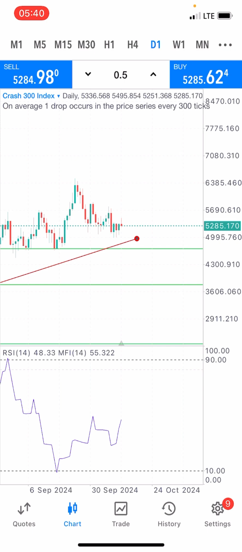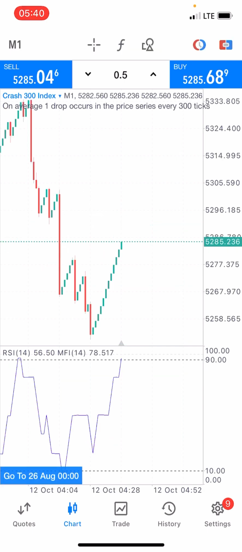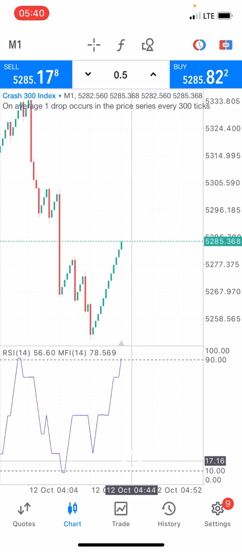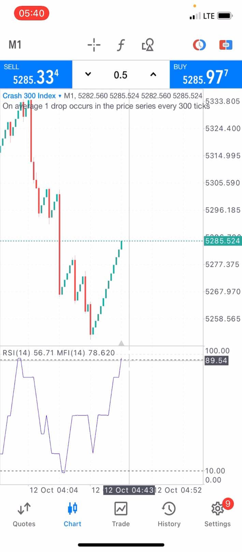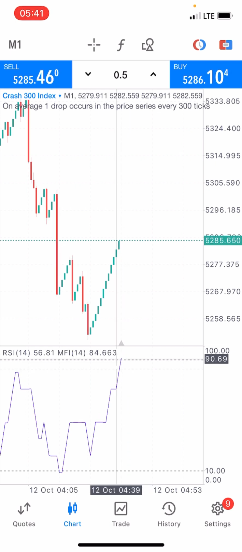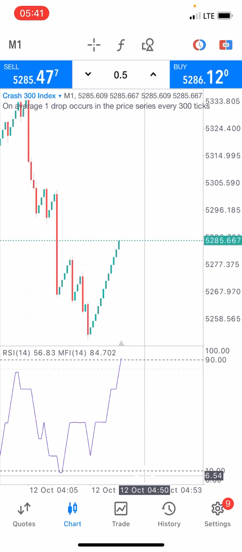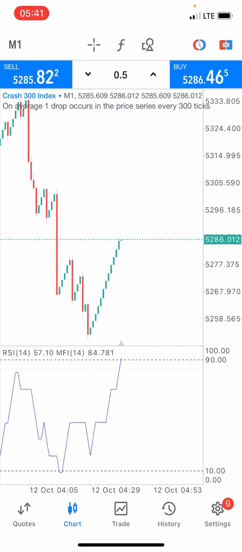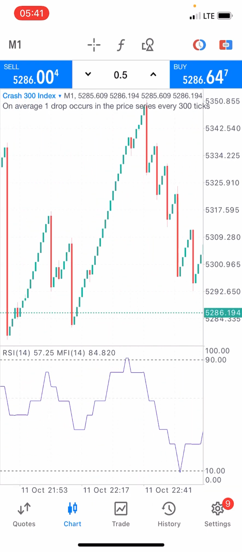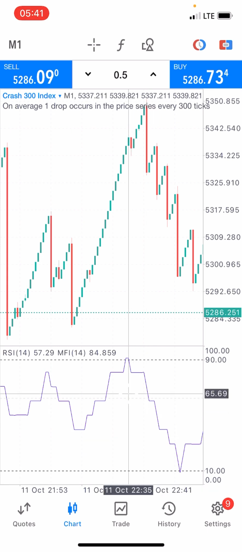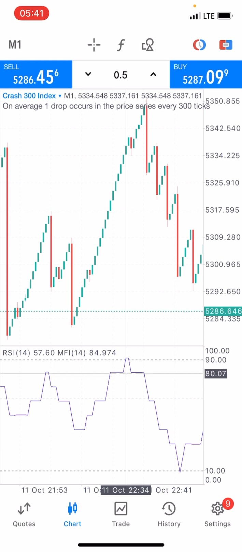That's why we have to wait for some spikes, because at this point we are actually expecting a spike. Once we expect a spike, we expect it to come all the way down here, then we go in for a buy. So we've seen that whenever the market gets to level 90, we expect to go in for a sell. We are not actually going in, but I'm just saying we expect it.